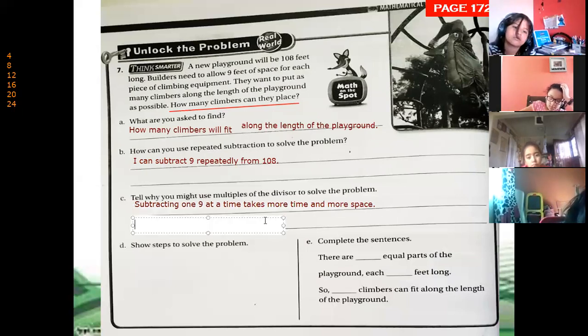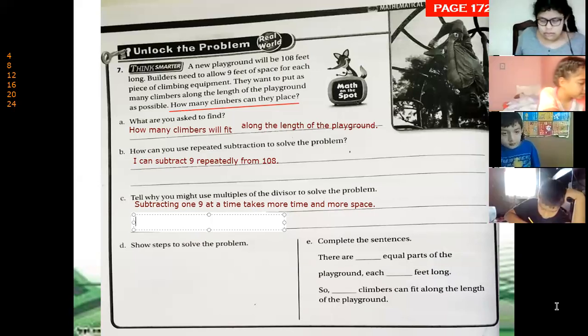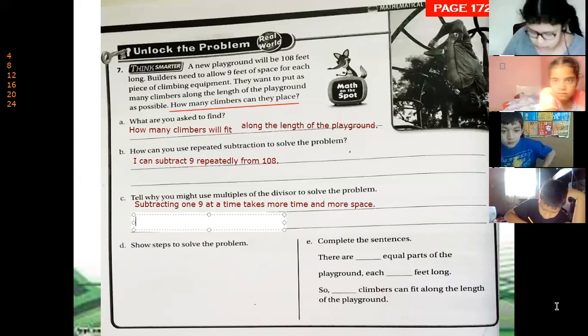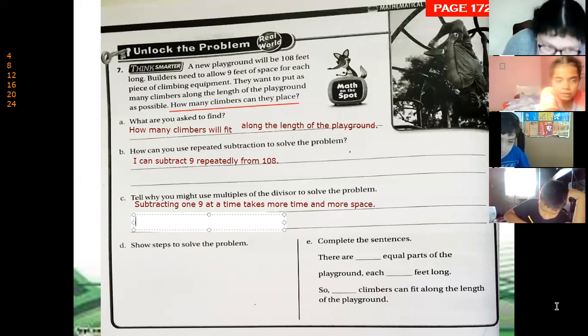But what happens if we divide normally? Or for example, we apply the distributive property. Remember that the distributive property is to break the number that is divided into two numbers that are easier for us to divide.